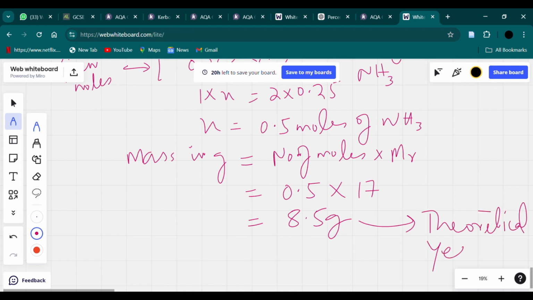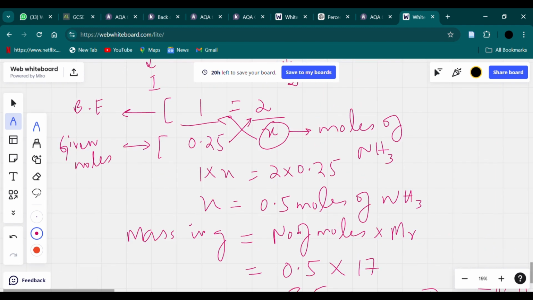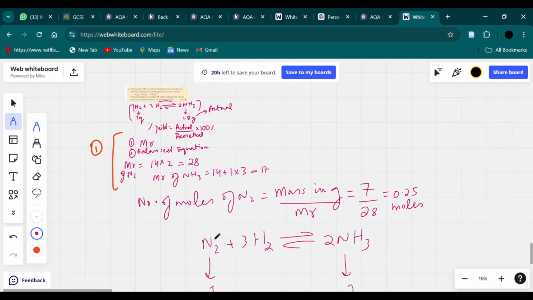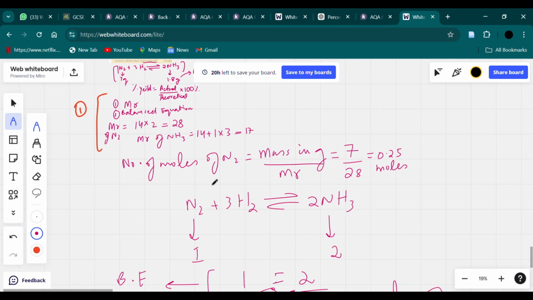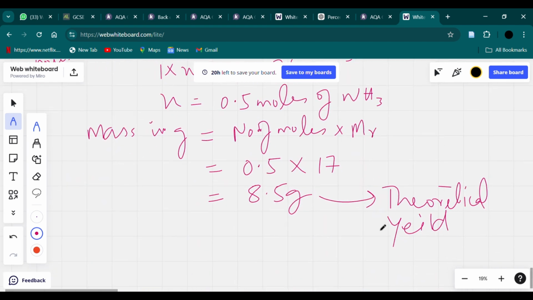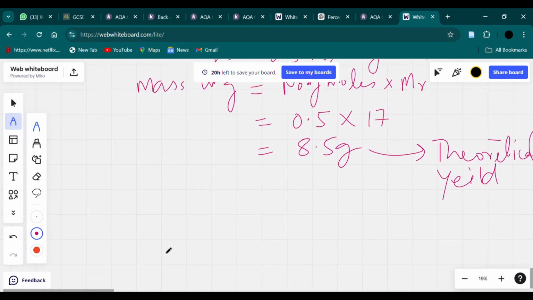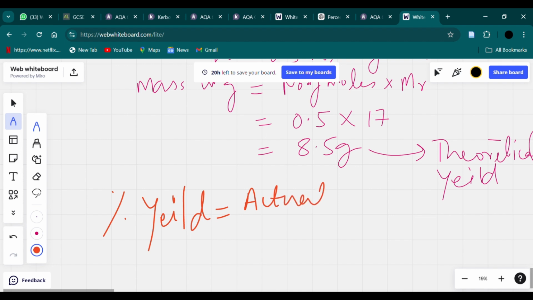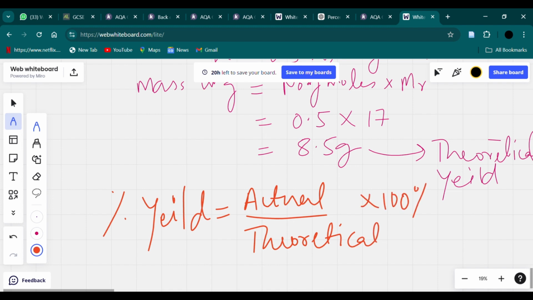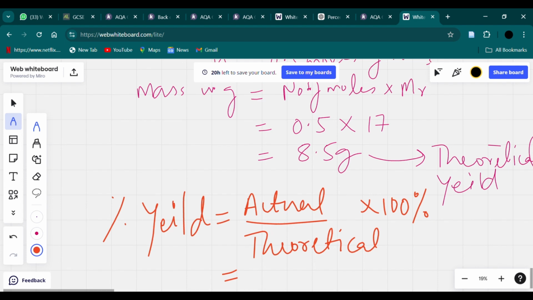Theoretical yield. So you can see that the actual yield has been given to you and you have already found the theoretical yield. You can find out the percentage yield here. So what is the actual yield of ammonia?